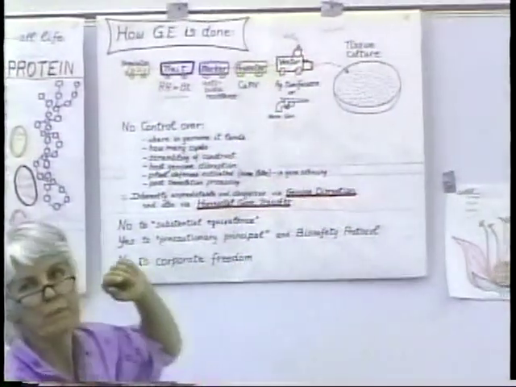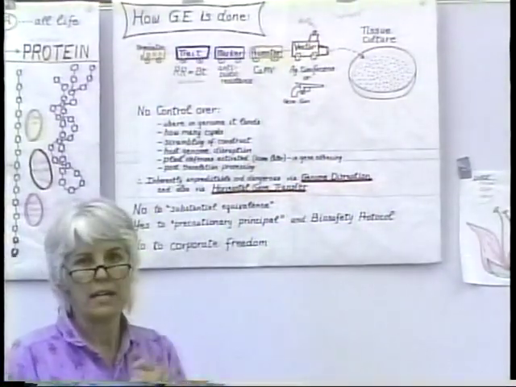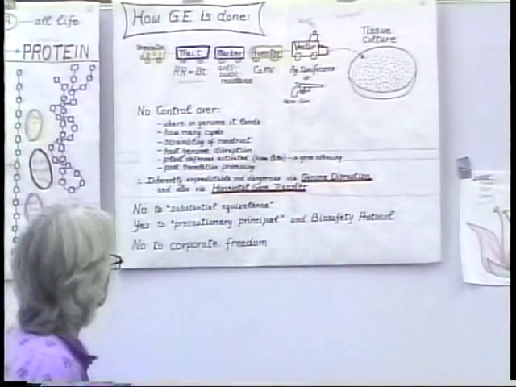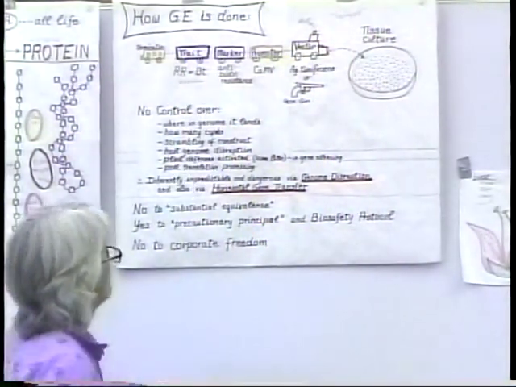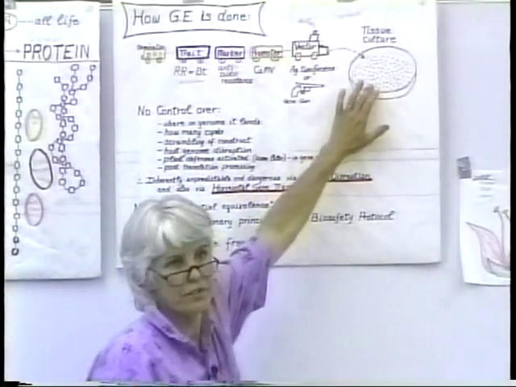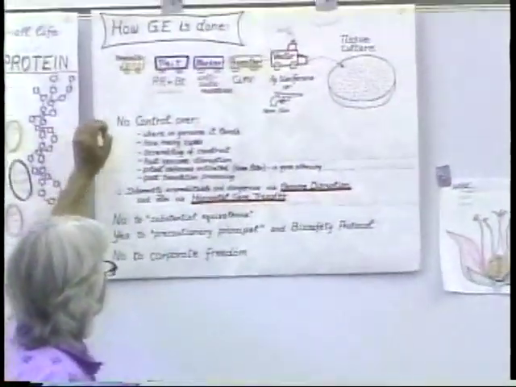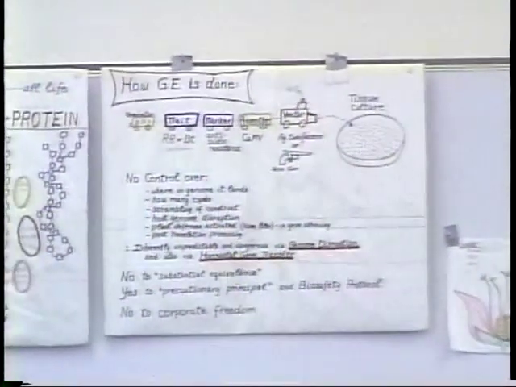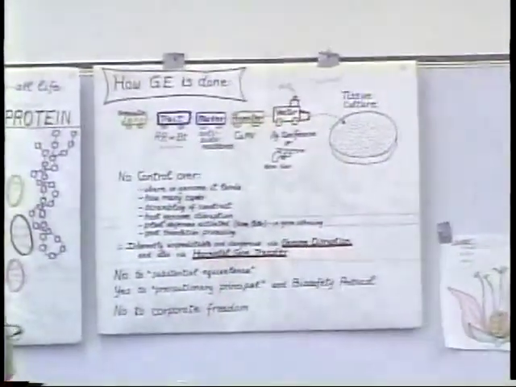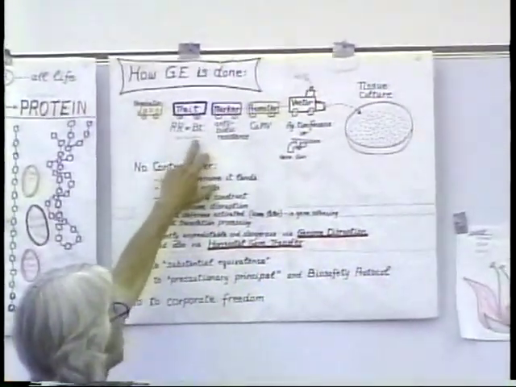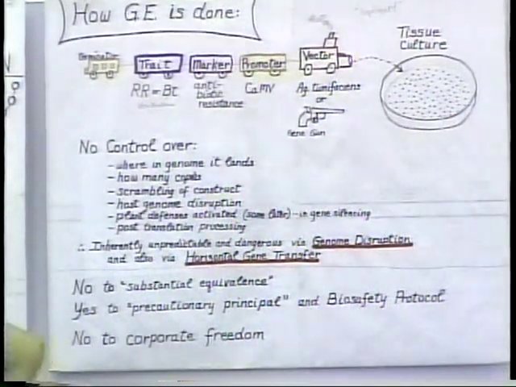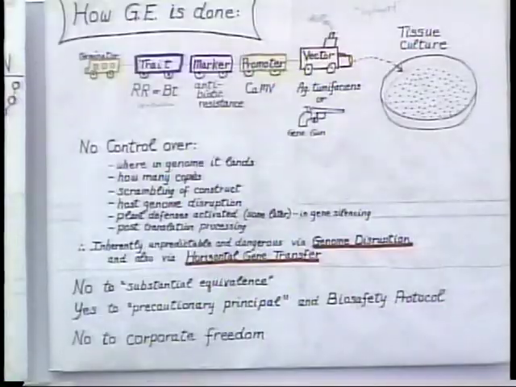So let's say we're going to make a genetically engineered potato to kill insects. So you need a trait to put into these single cells. The trait to kill the insects is taken from Bacillus thuringiensis, which has a natural toxin that kills certain species of butterfly and beetle.